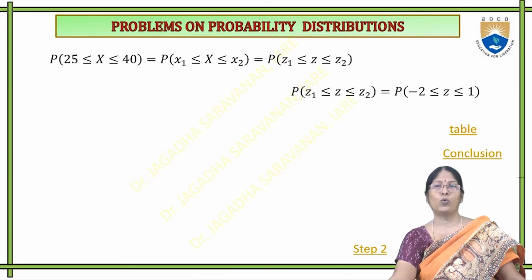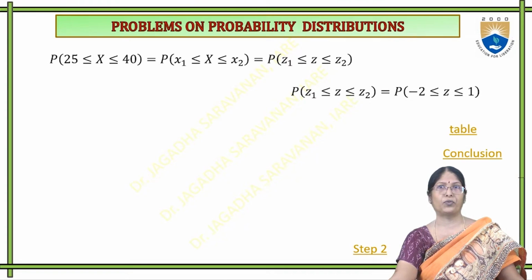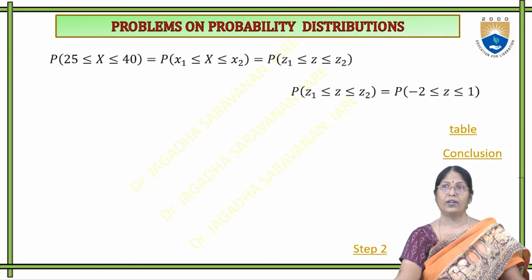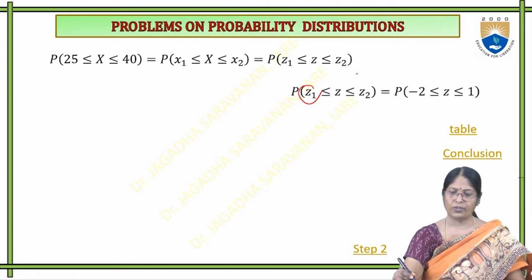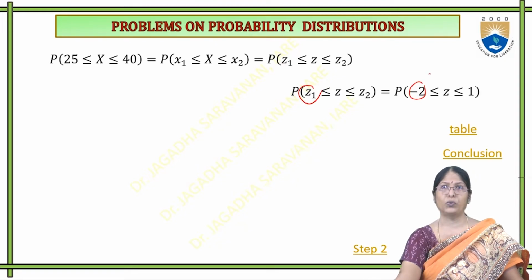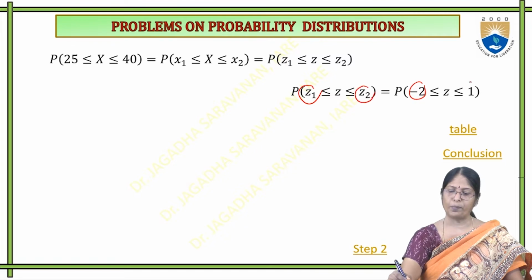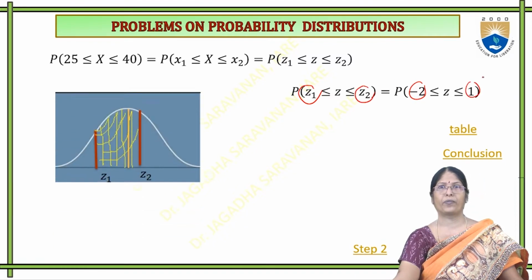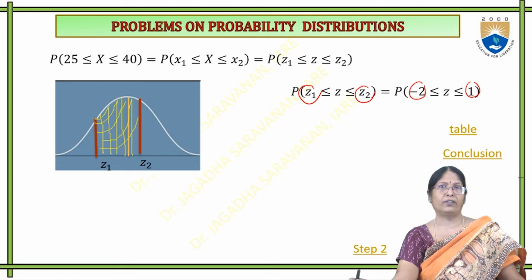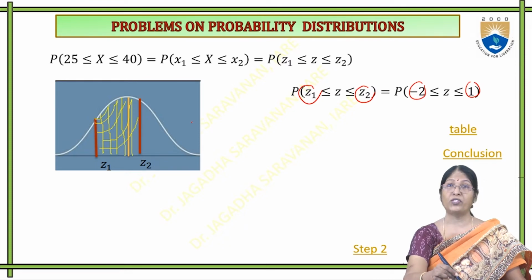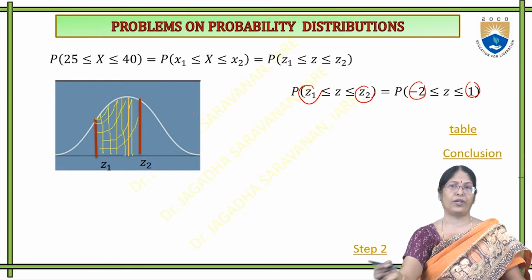So we will move to solving the final stage of this particular part, that is z1, which is replaced by minus 2, and z2, which is replaced by 1. This is the final stage before the two diagrams which are given, the stages to get this fair diagram.